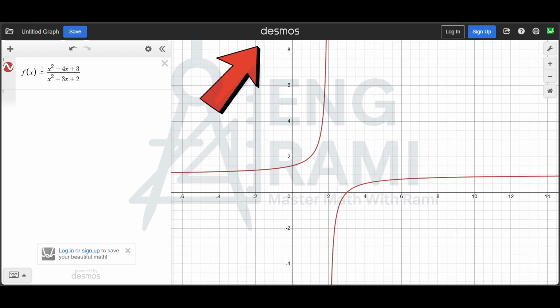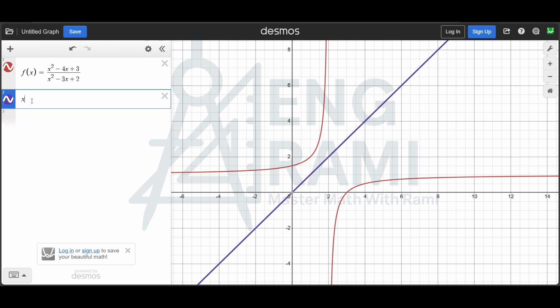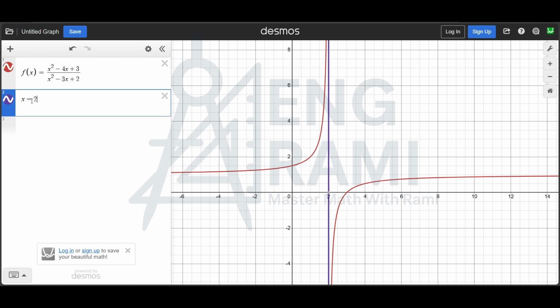If we go back to Desmos, we can see that we have a vertical asymptote at x equals 2. If we write x equals 2, we see that this function doesn't touch the vertical asymptote.